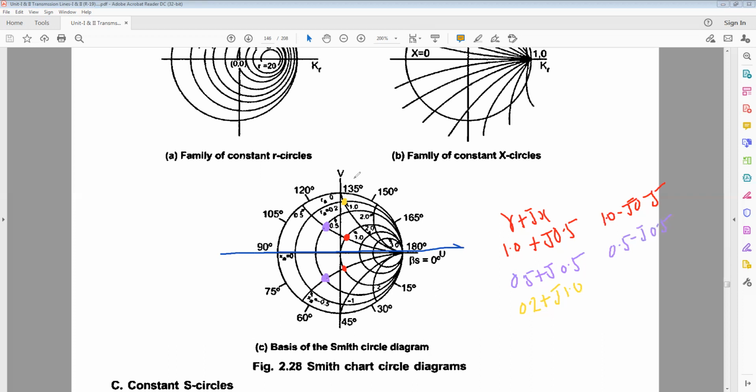Okay. Suppose this yellow mark is here, at this point this is the 0.2 R circle minus j into 1.0 of the X circle. Got it, my dear students?